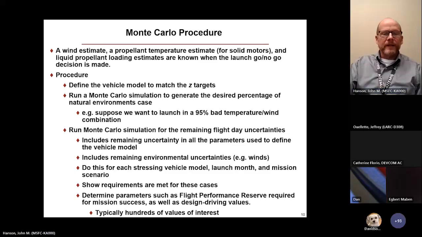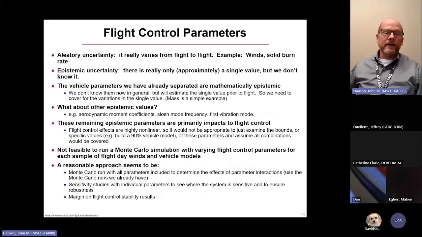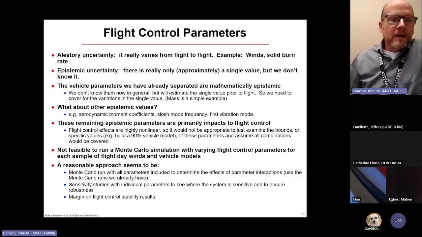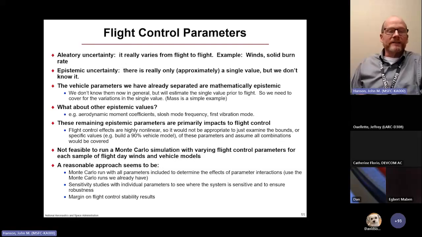Okay. All right. I did want to mention one other thing about this part of the discussion, which is that there are a couple of different kinds of uncertainties. There's what's called an aleatory uncertainty, which means that it really varies from flight to flight. Each time we launch, these things are going to be different, and we have uncertainty in that.